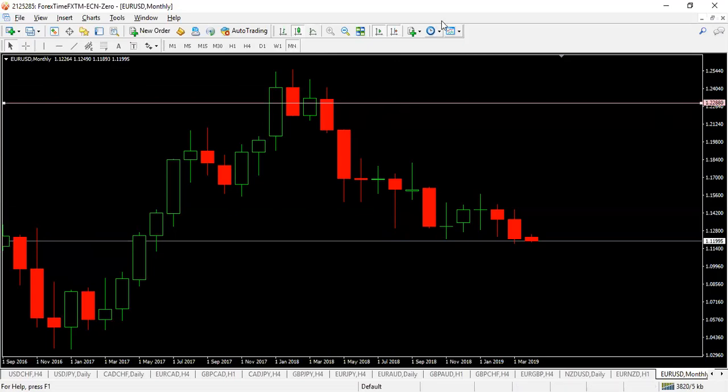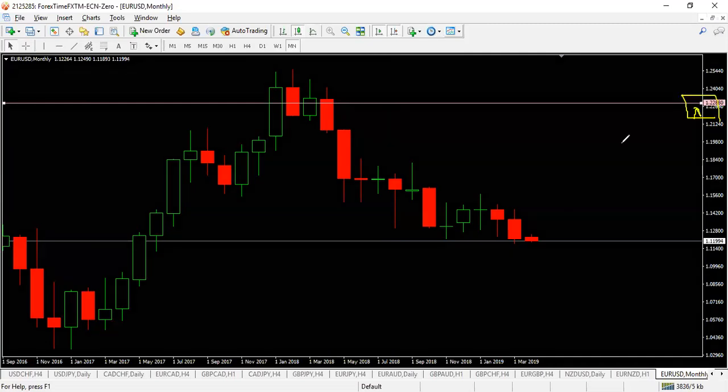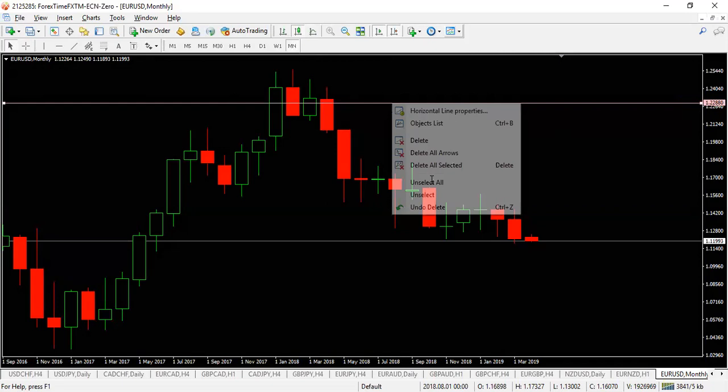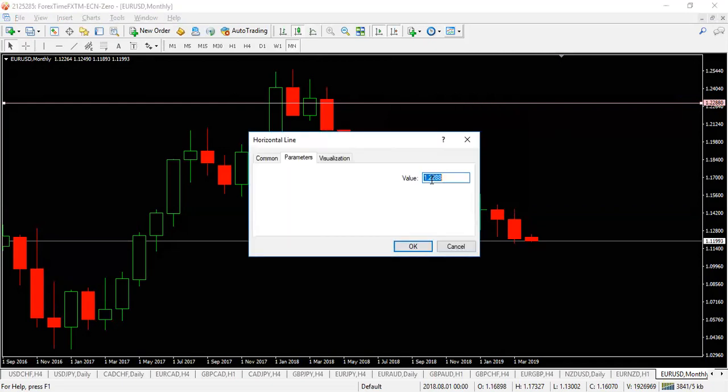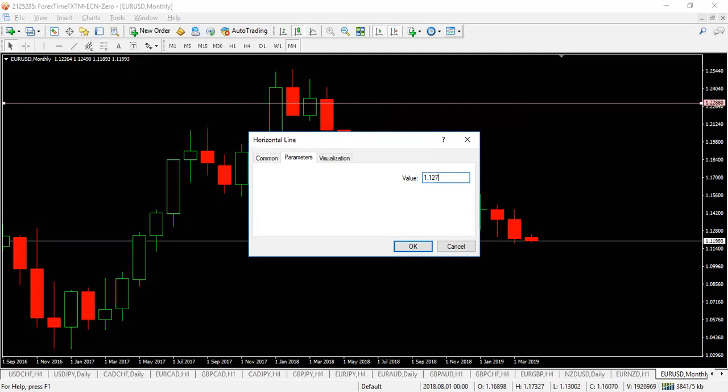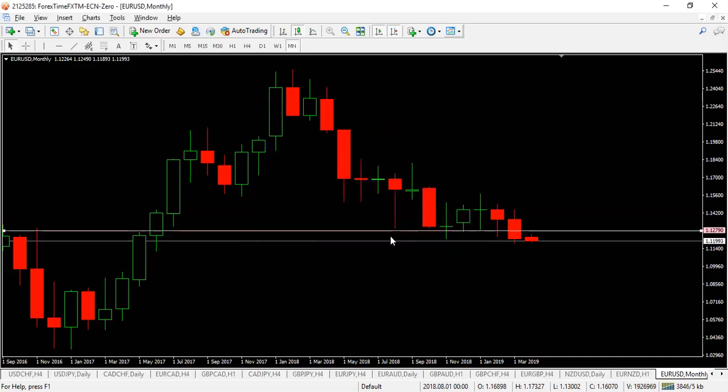Look at where you will see that it is highlighted. When it is highlighted, you right click on it, then go to properties. This is the value that we want to change: 1.1279. That's nice because it's almost the mid value of this candle that we're looking at. So that could be another level of confirmation.